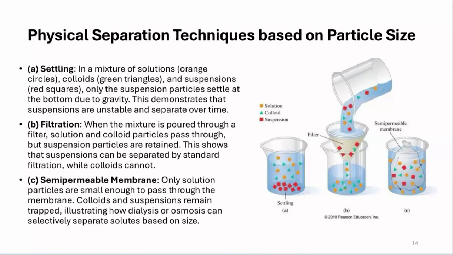They're going to be retained inside of the bag, and only the particles that are part of the solution will come outside of the bag. We are going to see how this plays a role in dialysis when we discuss it later in this chapter.